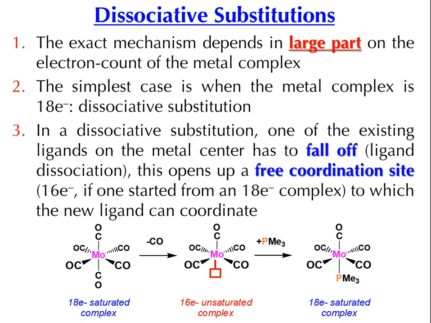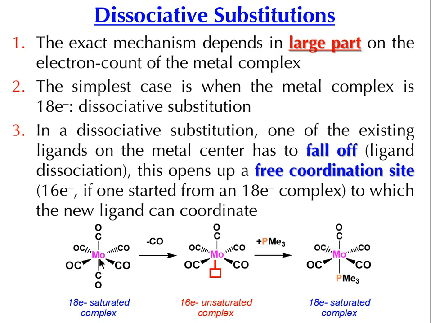To note that this free coordination site should be filled by the ligand, or if not, the dissociated ligand will be associated to this site and reform the initial complex.